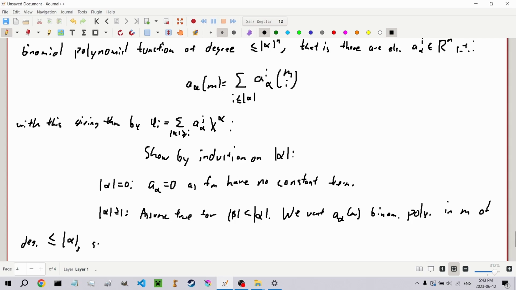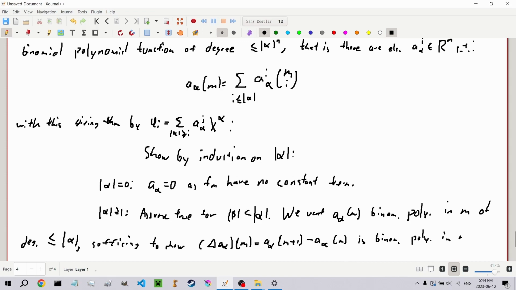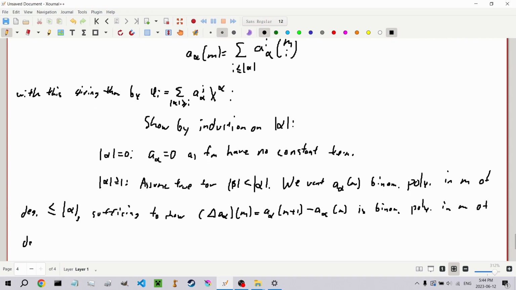And we of course know it suffices to show that the difference between successive values of m for a_alpha, which we can write as a_alpha^(m+1) minus a_alpha^m, is a binomial polynomial in m of degree at most the size of alpha minus 1.